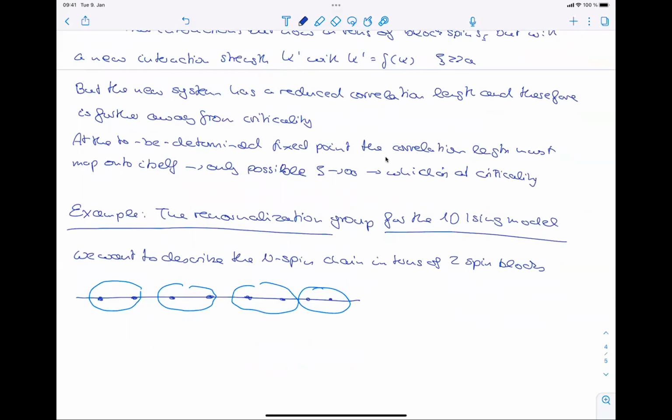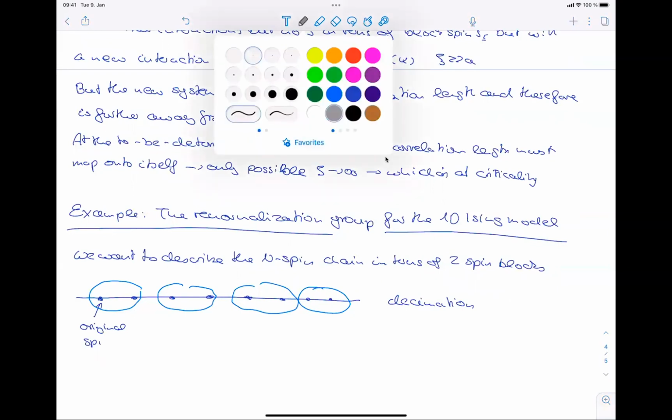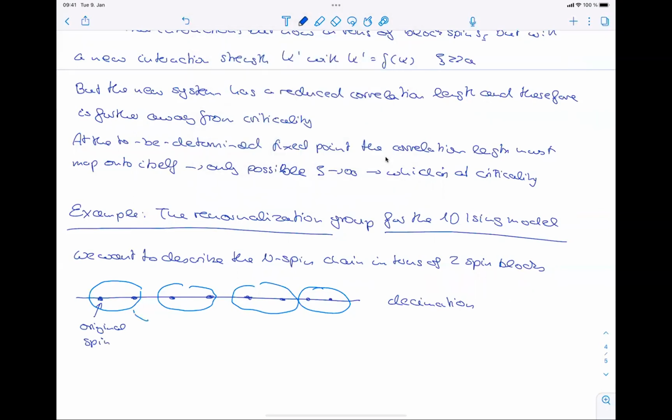And this process is sometimes referred to as coarse graining and sometimes as decimation, because you reduce the number of spin sites. So this is the original spin, and this is the spin block.